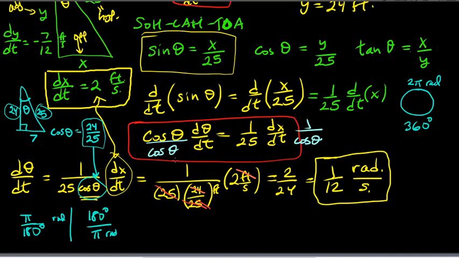So if you insist on using degrees here, this is going to be 1 over 12 times 180 degrees divided by pi radians. And let's see, 180 over 12 is, I want to say 15. So this will be 15 over pi degrees per second.